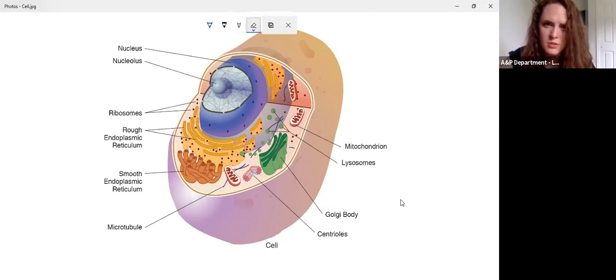What the centrioles do is they shoot out what we call spindle fibers. That's an important word to know, spindle fibers. They grab on to all of the organelles and all of your DNA inside your nucleus, and then they're going to yank.